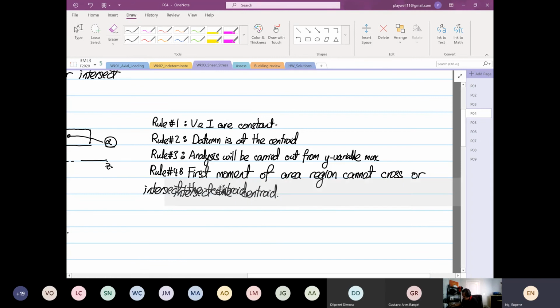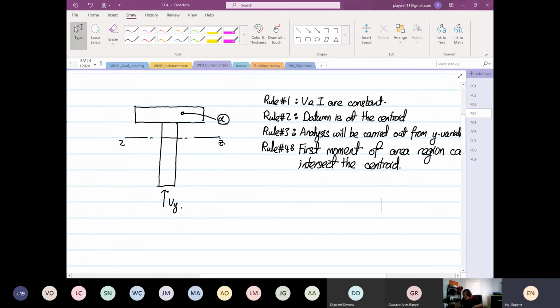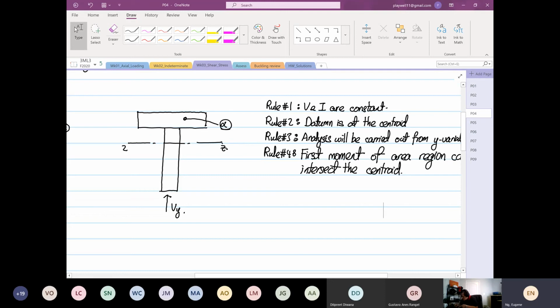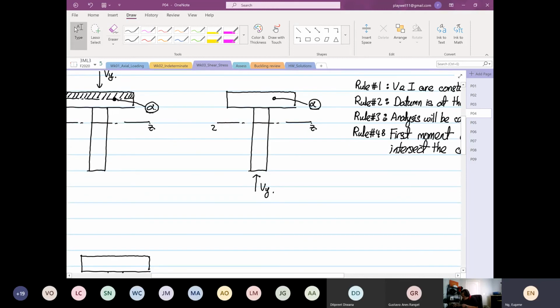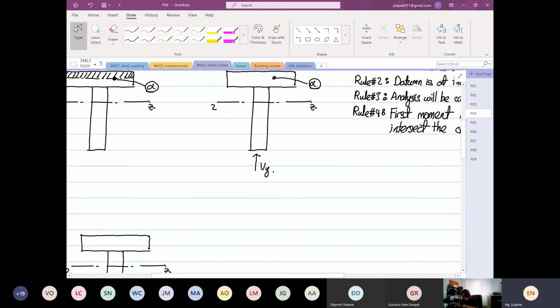So now where it gets confusing is this. You focus on Vy. This one Vy is from the top, right? Let's say you don't apply any of the rules. Vy is coming from the bottom, right?